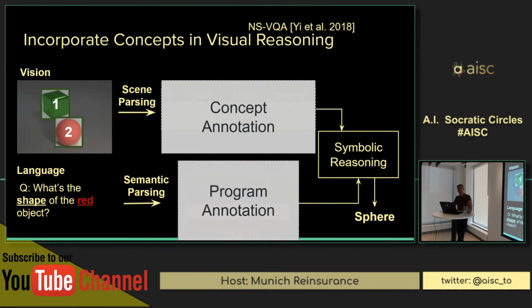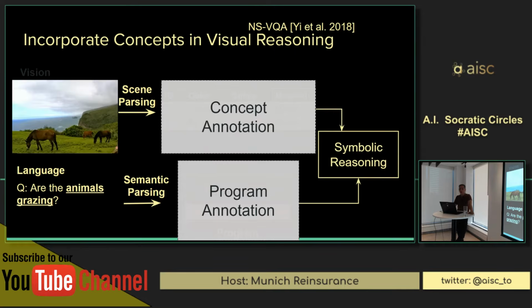During training, annotation for visual concepts and programs are needed. So that's for the previous work on NS-VQA. So that's a previous paper. This restricts an application in real-world scenarios, where neither concept annotations for natural images nor program annotations for natural language could be obtained.